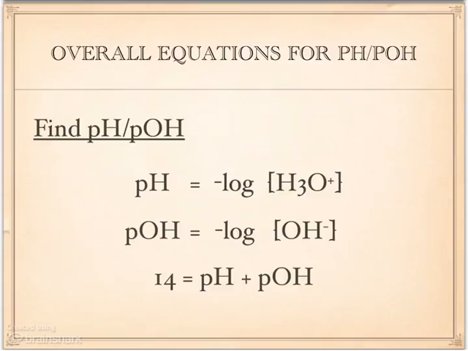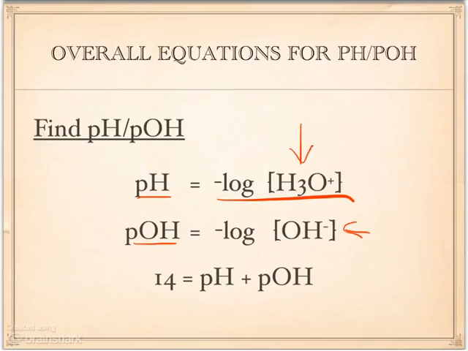So first I want to go over some of the overall equations that you'll use to find pH and pOH. Just know that it's always going to be the negative log, and that they go together, meaning if you're looking for pH, you need to have your H3O plus. If you're looking for pOH, you need to have your OH minus.